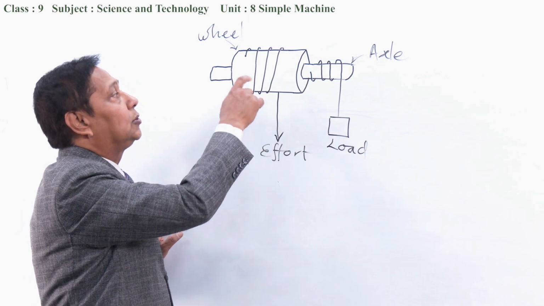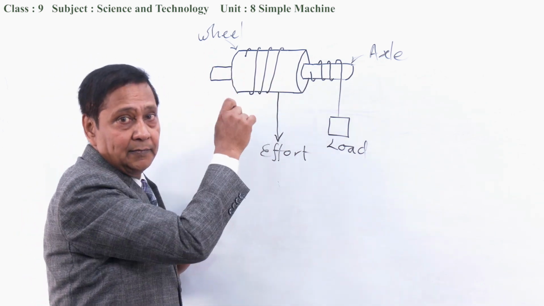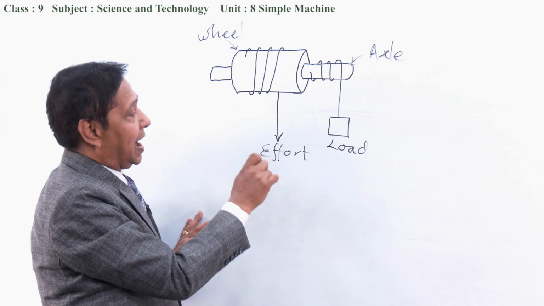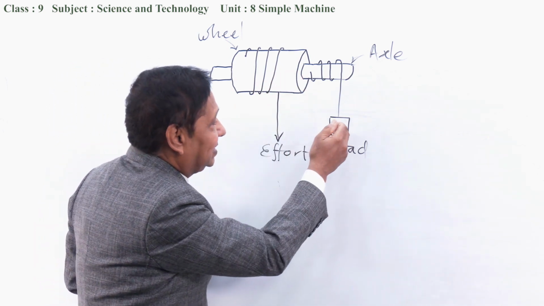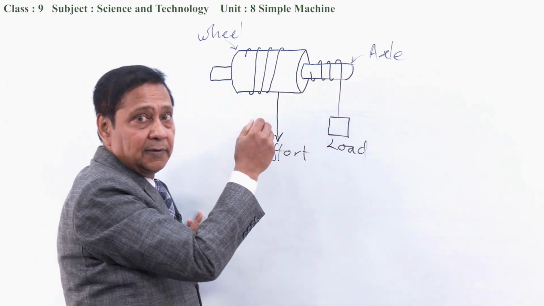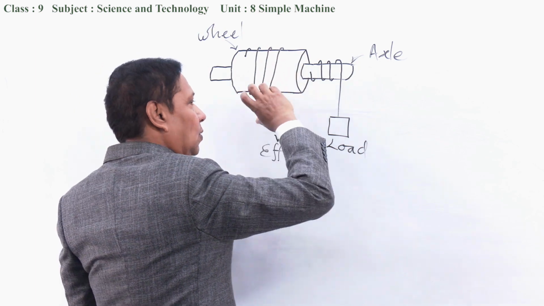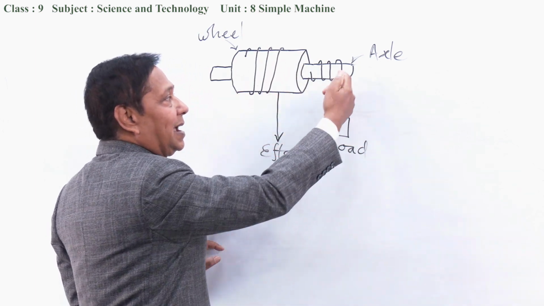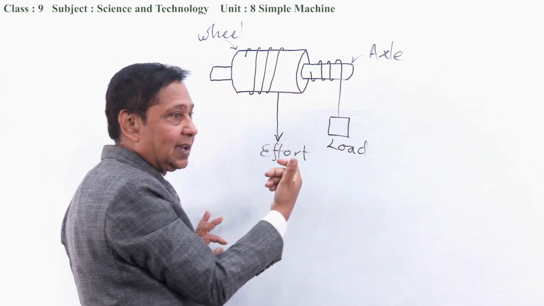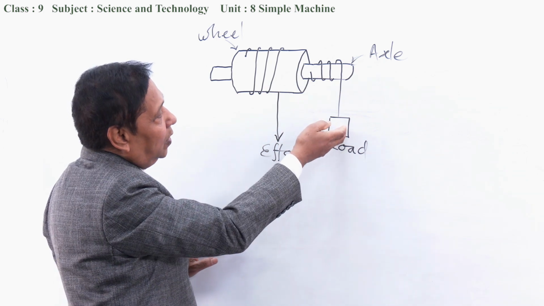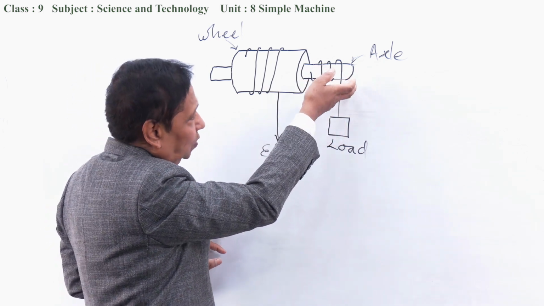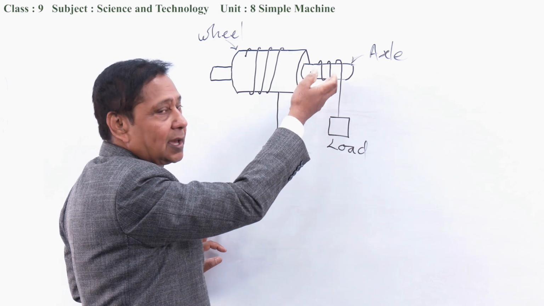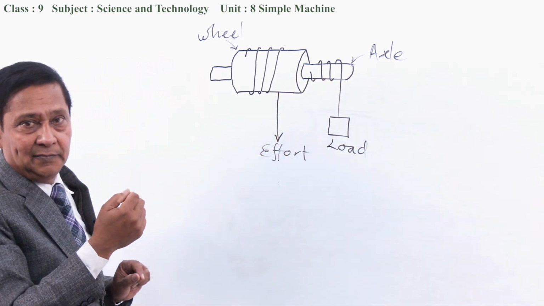That will be equal to the circumference of the wheel. And at the same time, at what distance does the load rise up? When the wheel rotates once around its axis, then the axle also rotates once around its axis, and the load will be raised to a distance equal to the circumference of the axle.